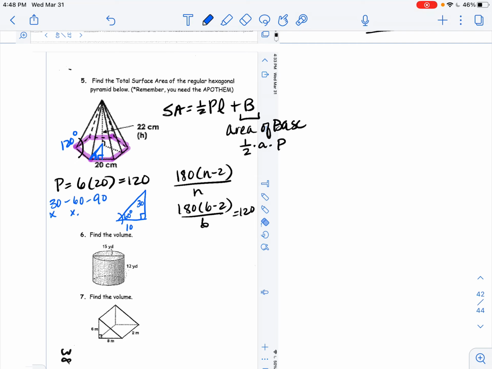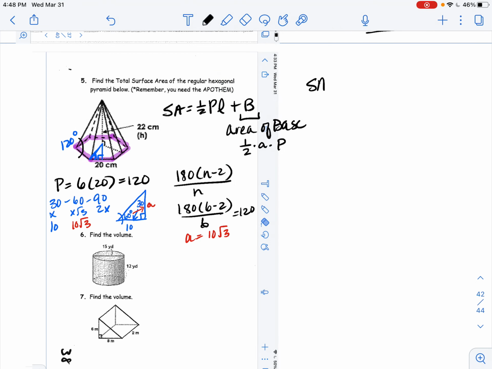The sides are x, x root 3, and 2x. Across from the 30 is 10, so my apothem, which is across from the 60, this is my A, is going to be 10 roots 3. So now we found the A. The A is equal to 10 roots 3.